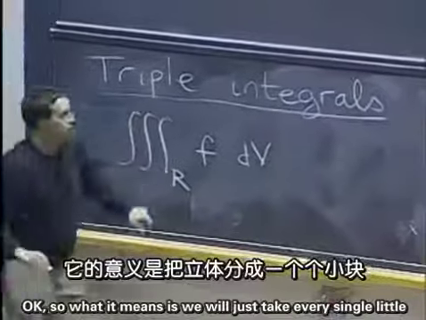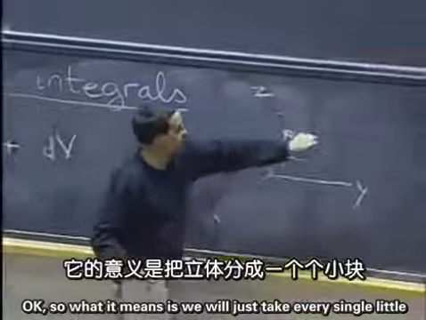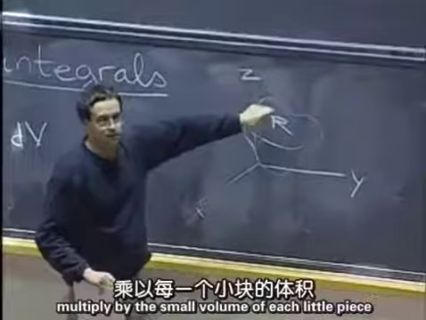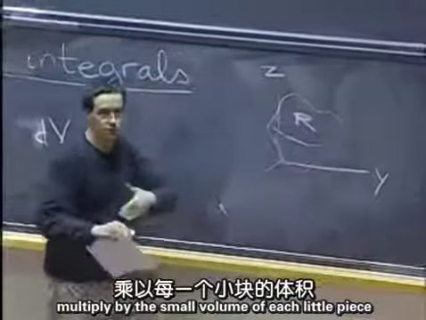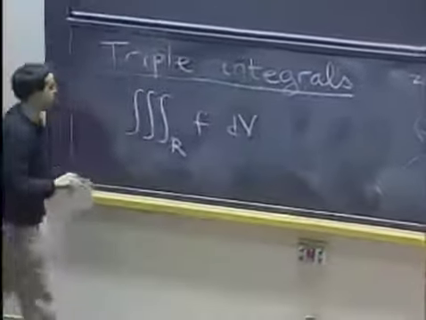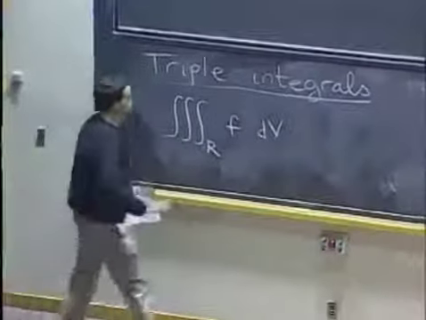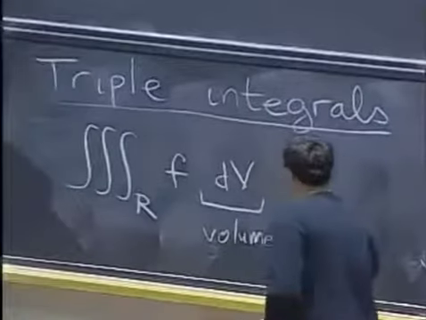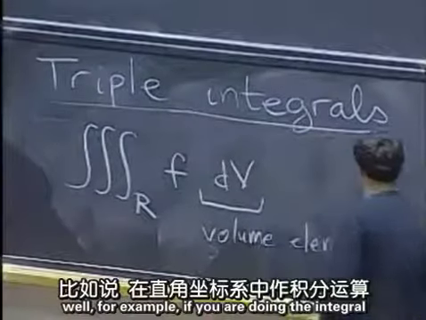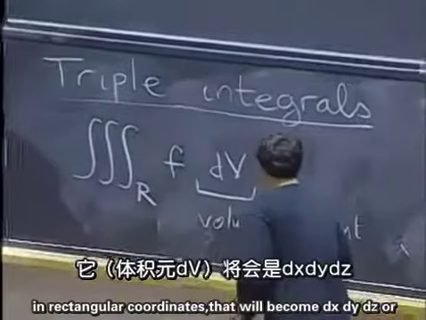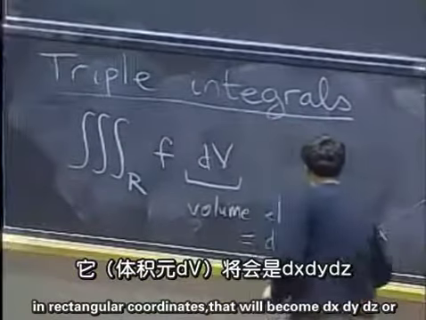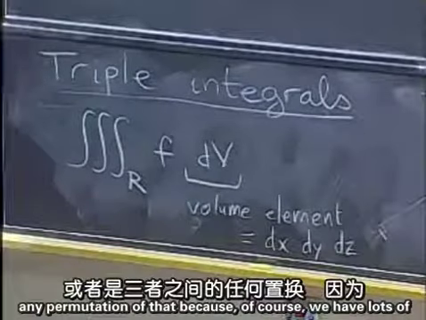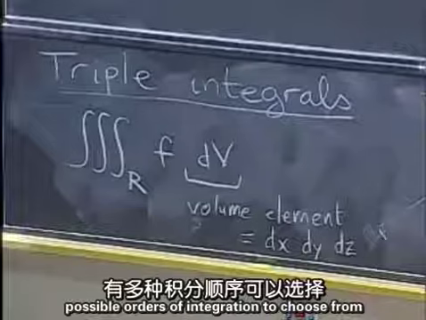Okay, so what it means is we'll just take every single little piece of our solid, take the value of f there, multiply by the small volume of each little piece, and sum all these things together. And so this volume element here, well, for example, if you're doing the integral in rectangular coordinates, that will become dx dy dz, or any permutation of that, because of course we have lots of possible orders of integration to choose from.